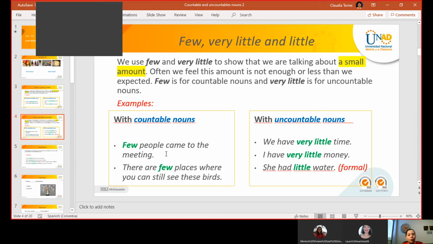Now, there are few places where you can still see these birds. So this means that maybe there are like 2 or 3 places, but not many places. Not many, right?